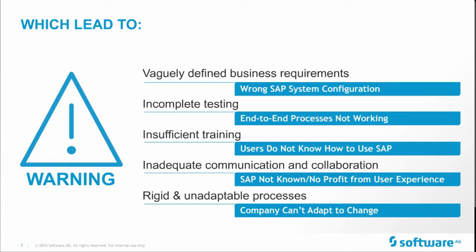A second point is the topic of testing. If you don't test exactly the kind of business process that you have in your company, you may have big problems once you go live, because the end-to-end process may not be working. Also here, take an example.